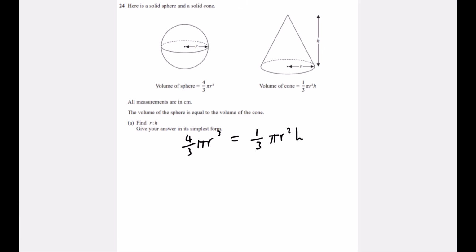So we're just going to simplify this, so times them both by 3, divide both sides by pi, and divide both sides by r squared. What's left? So you've got 4r equals h. We want the ratio of r to h. So when r is 1, h is 4. When r is 2, h is 8. The ratio is 1 to 4.